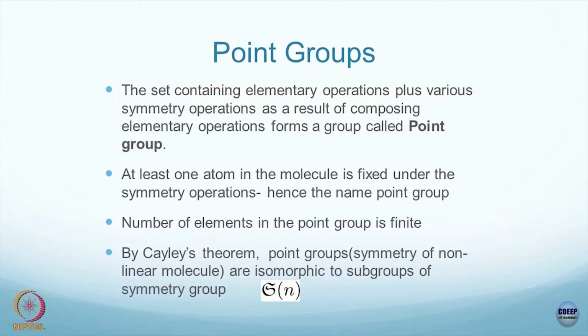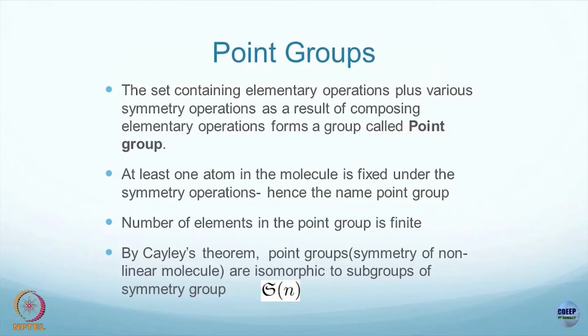You can compose these elementary operations and write a set which you call C2V, which is E, C2, sigma V, C2 sigma V. And it is a direct product group, for example.